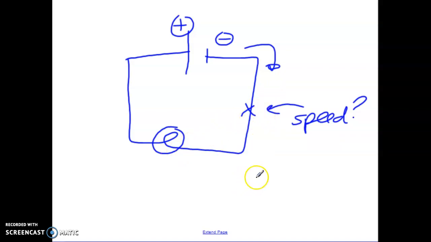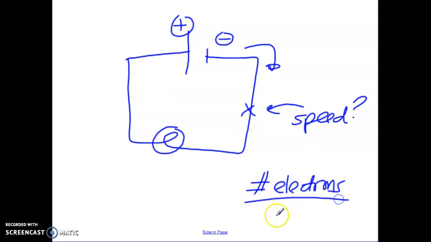Current is essentially the number of electrons traveling for every second. So imagine you are a police officer on the side of the highway with your radar gun, and you're measuring how quickly the cars are passing by on highway 404, right?